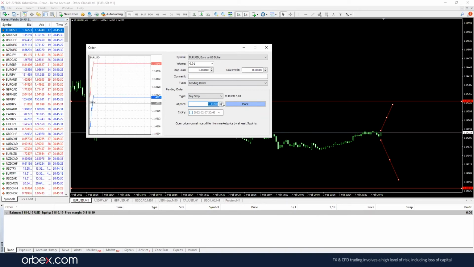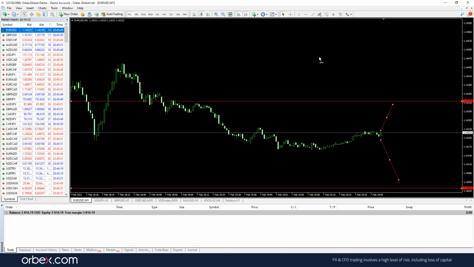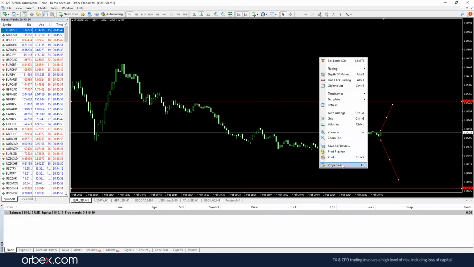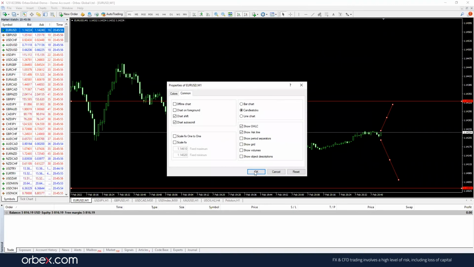114.22 now. So let's go 114.22. Here's something very important. The open price must differ from the market price by at least 5 points. It's a buy position as well, so it's going to open at the ask price. Now let's put the ask price back on here so we can see.